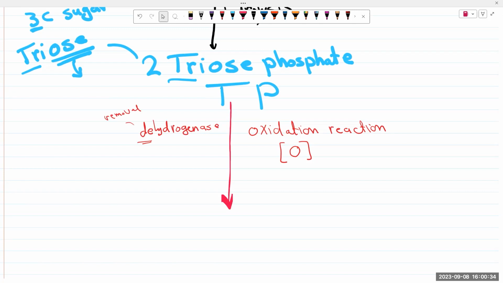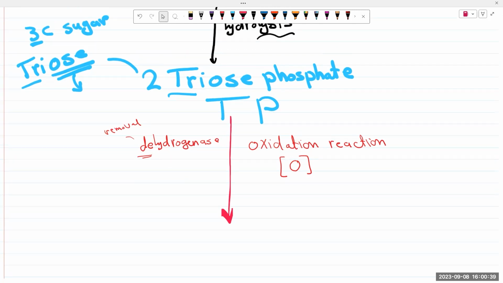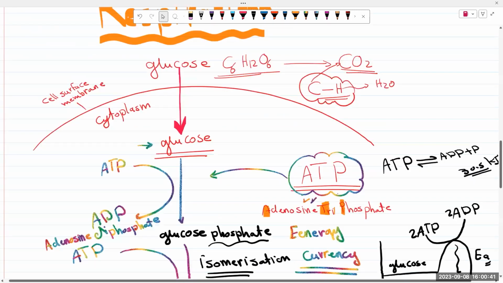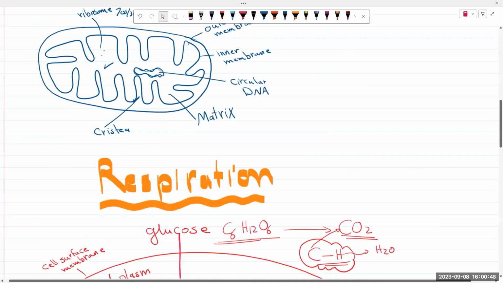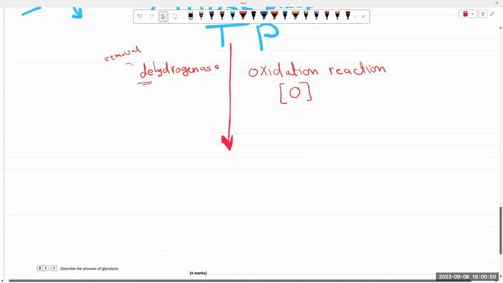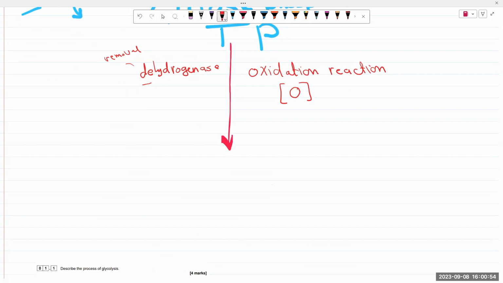But that hydrogen, once removed, must be accepted, because if one loses hydrogen, the other must gain. Who will gain the hydrogen? There must be another molecule which helps that dehydrogenase enzyme to act by accepting the hydrogen removed from the triose. This is called a hydrogen carrier, which is called NAD.